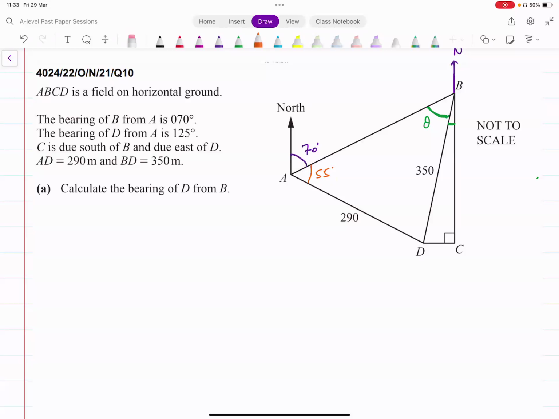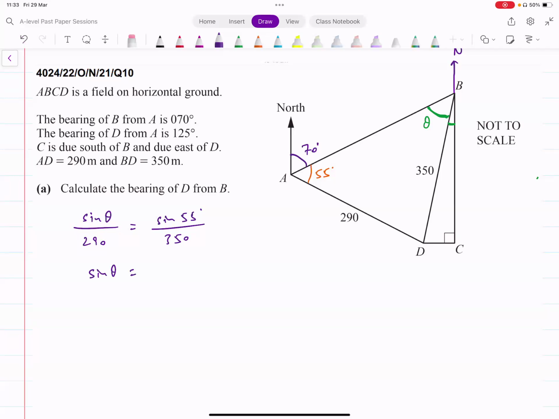Now we can use sine rule to find the value of theta. Let's see what that turns out to be. Sine theta over 290, that should equal sine of 55 over 350. And that's going to give you a value for sine theta.